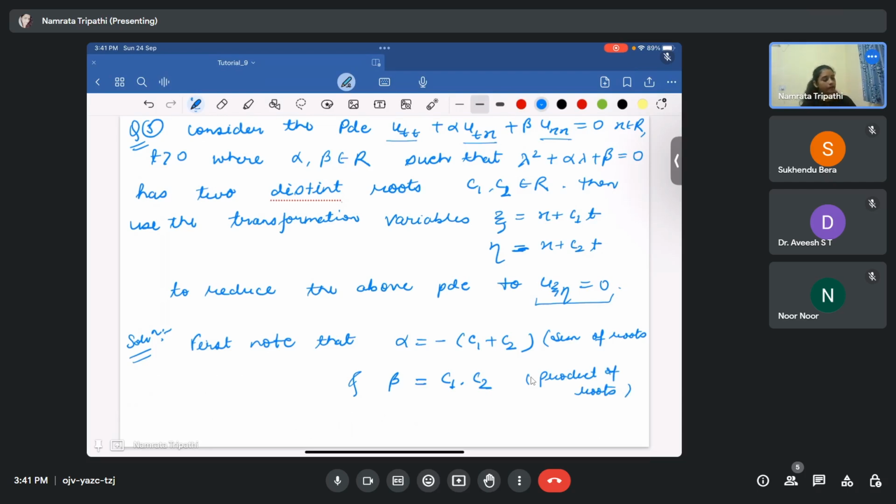Okay. Now tell me the value of u of t. How to find u of t? If u is a function of xi, eta, and xi is a function of x,t and eta is a function of x,t, what will be the value of u of t?